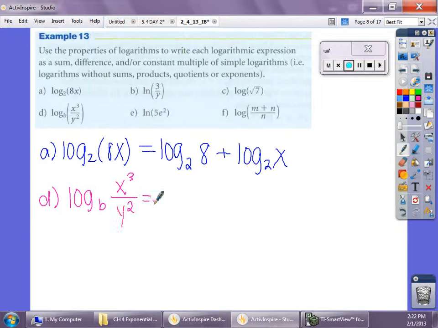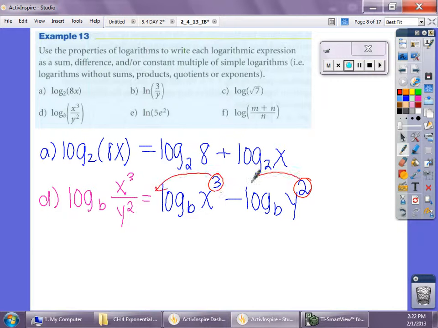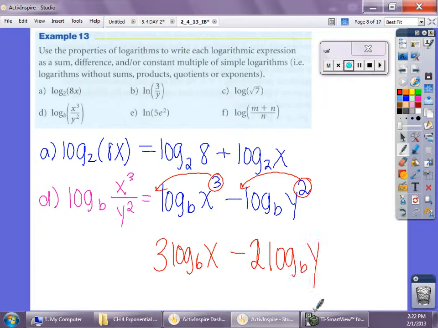So that's a quotient, so I can turn that into a difference of log base b of x cubed minus log base b of y squared. And remember, these powers can drop into the front, so we get 3 log base b of x minus 2 log base b of y.